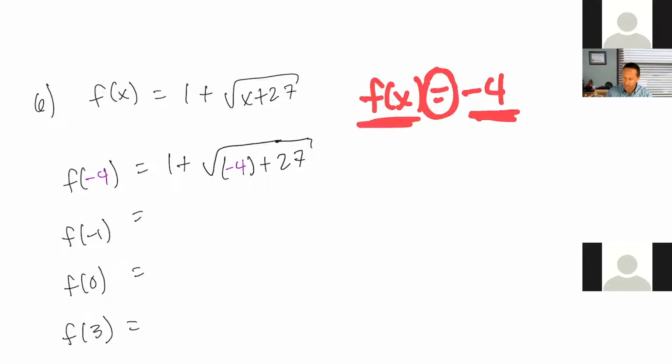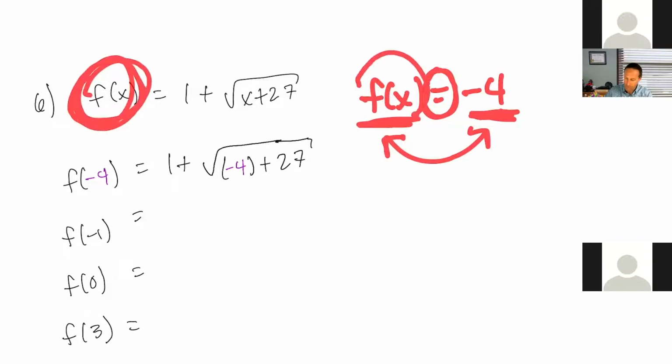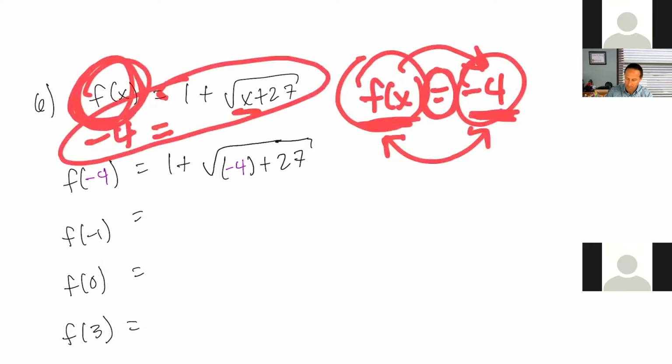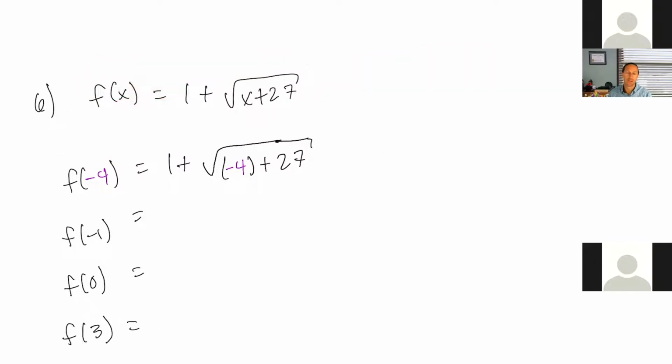This whole thing and that whole thing, these are equal, which means I could then replace this whole thing, which I know is equivalent to this, with -4. And then, like you said, I would go through this equation and try to solve for the x. See the difference? Yeah.